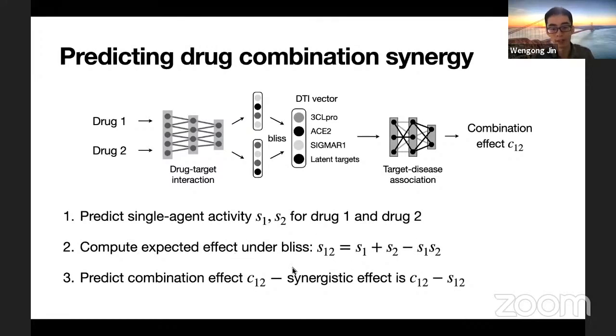We then quantify the synergistic effect of this drug combination by taking the difference between C12 and S12. The main difference between these two quantities is this aggregated vector. When you feed these two drugs individually, there is no interaction in terms of the biological targets, while when we predict the combination effect, we have the aggregation of the two drug target interaction vectors.